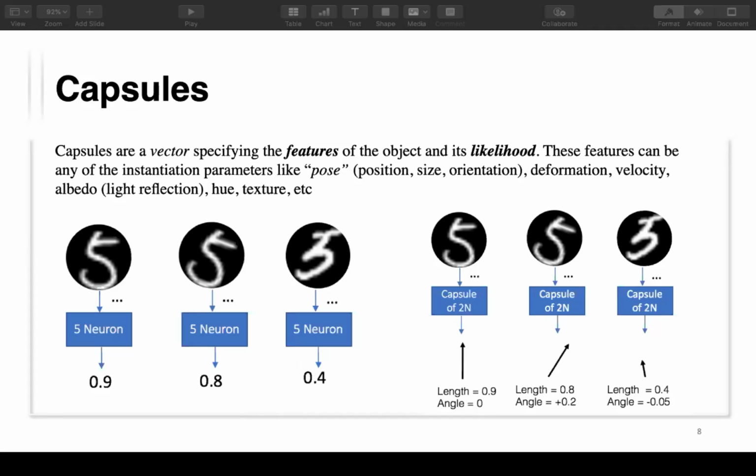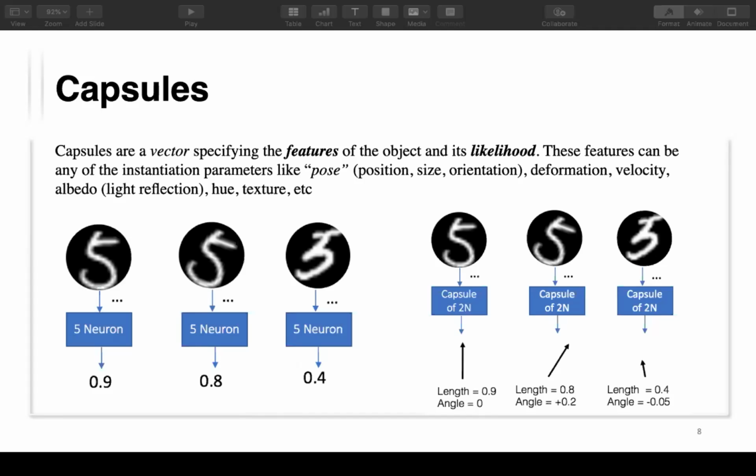Sorry, for neurons and for layers, the input and the output between the layers are also vectors, right? The neural layers also output vectors. And it seems that the capsule can output a vector of dynamic or flexible size.